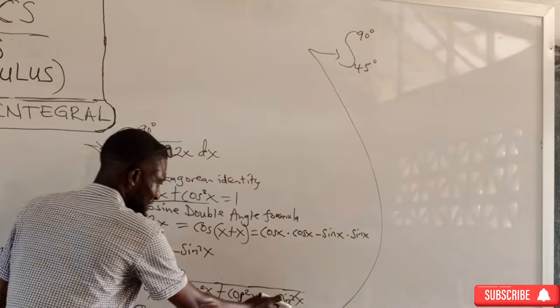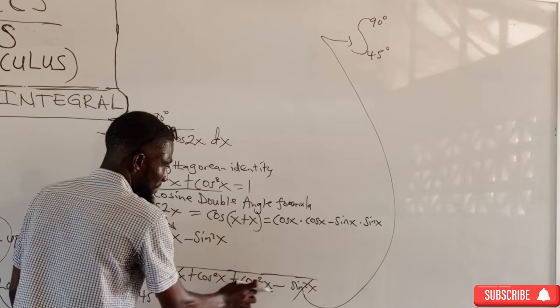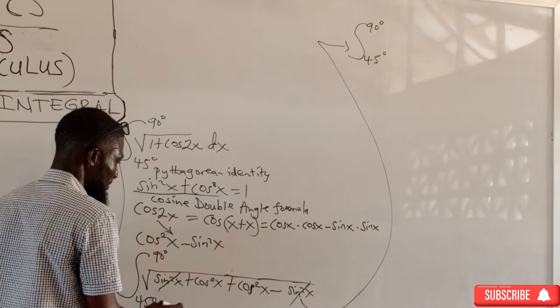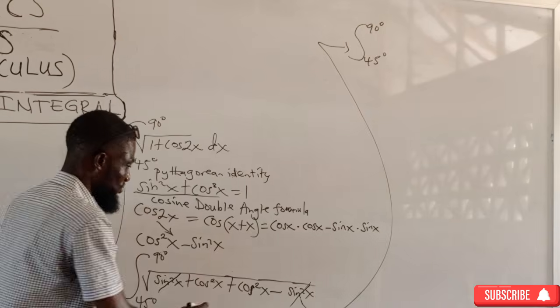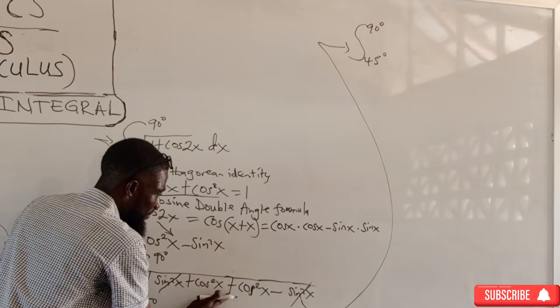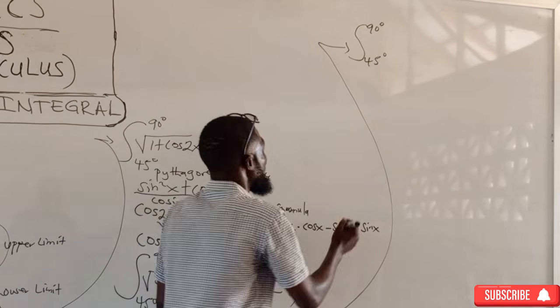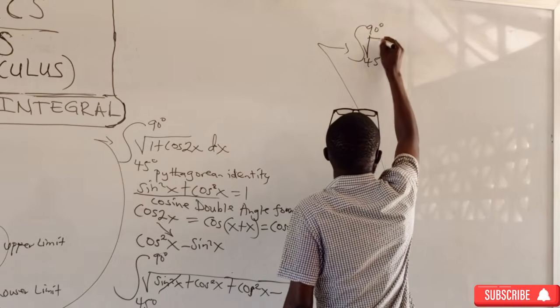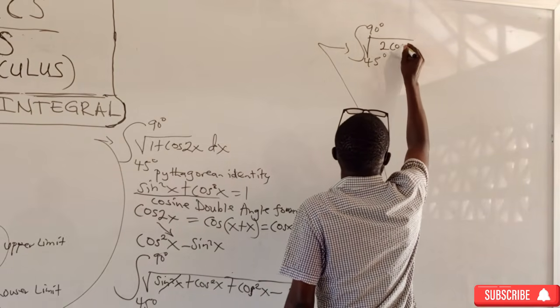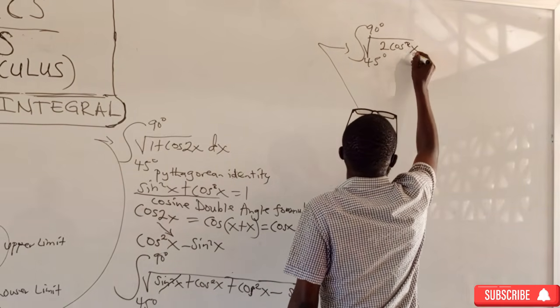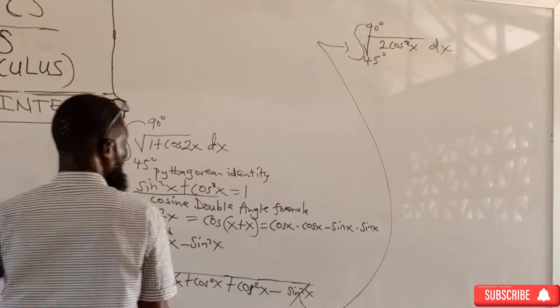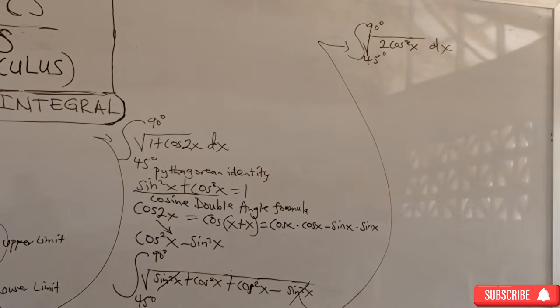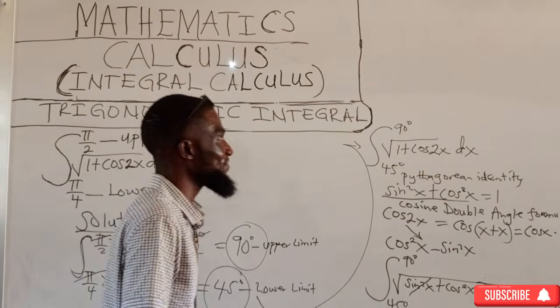After we cancel this and this, because sin square x minus sin square x cancel, automatically we have cos square x plus cos square x. So cos square x plus cos square x automatically will give us 2 cos square x dx. Ladies and gentlemen, we will be using this automatically to solve our problem.